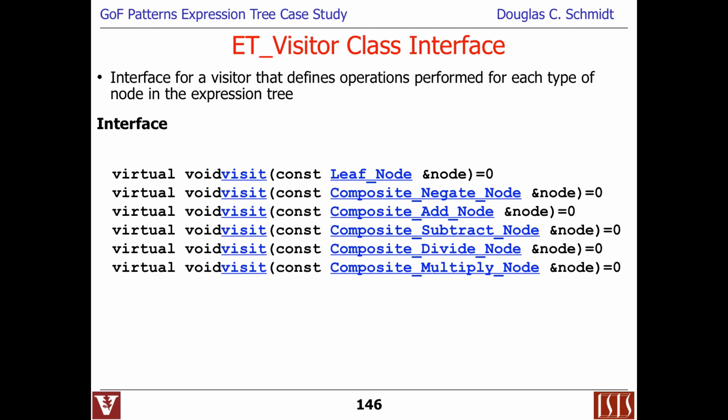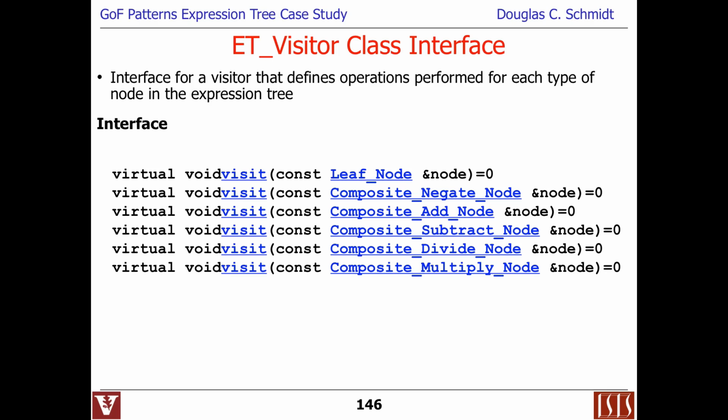It's kind of what we alluded to before: for every interesting subclass in the composite hierarchy. Remember, the composite hierarchy is the hierarchy of things like component node, composite add node, composite delete node, composite binary node, composite negate node, leaf node, all those things.